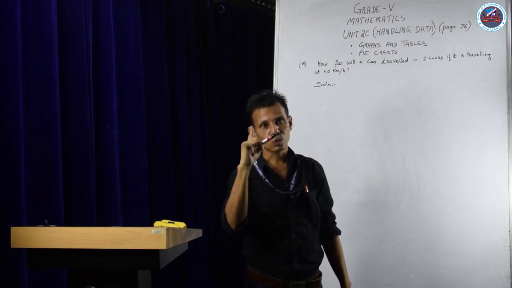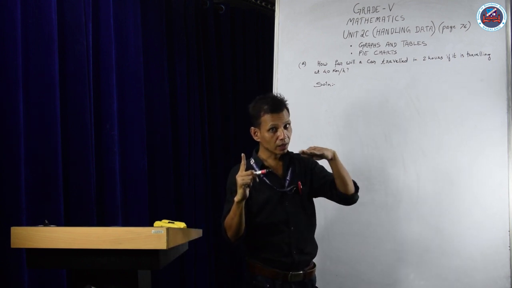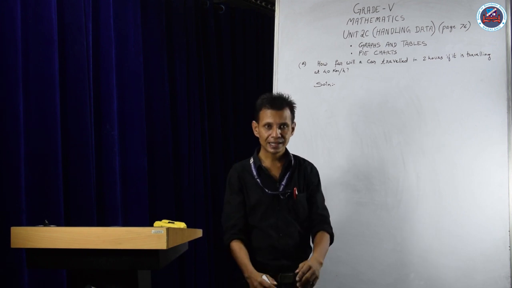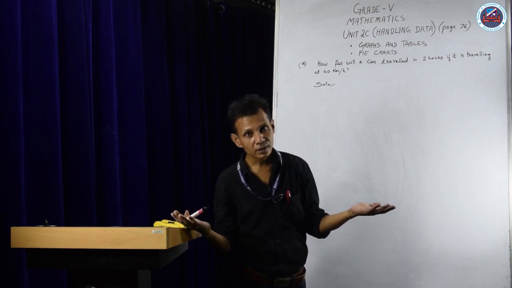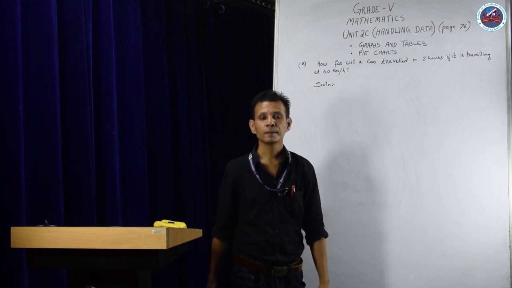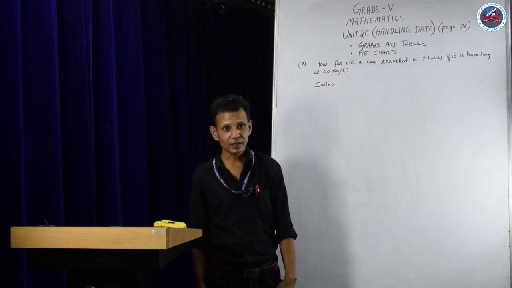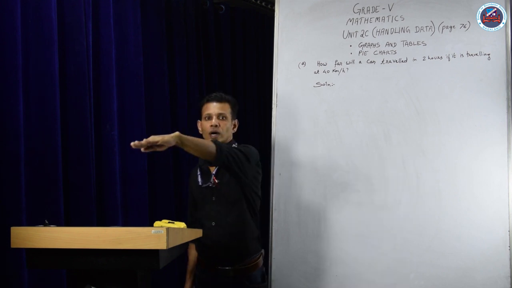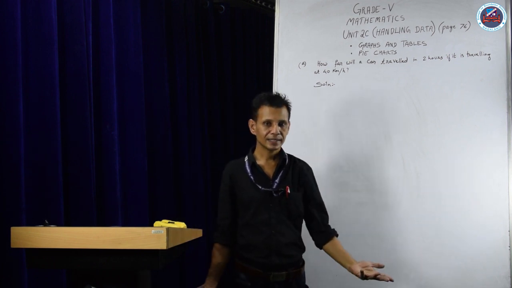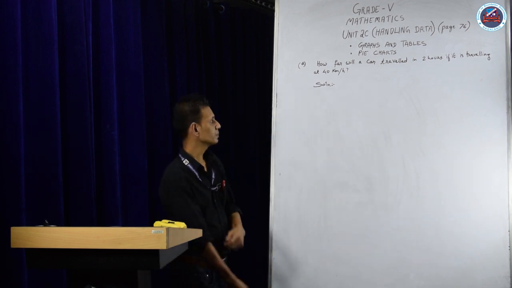That means in 1 hour the car covered 40 kilometers. In 2 hours the car will cover exactly 80 kilometers, right? In 1 hour the car will cover 40 kilometers. In 2 hours the car will cover 80 kilometers, correct?